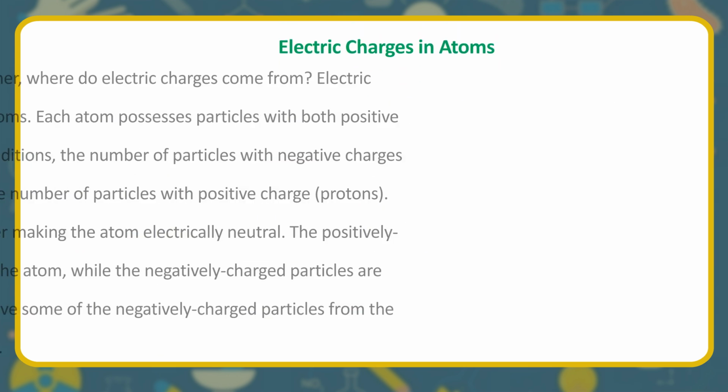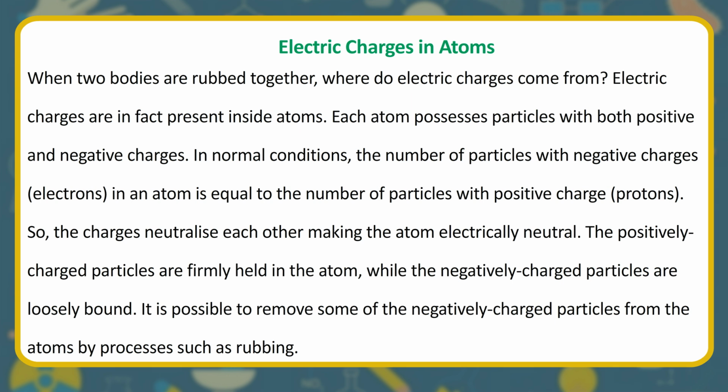Electric charges in atoms. When two bodies are rubbed together, where do electric charges come from? Electric charges are in fact present inside atoms. Each atom possesses particles with both positive and negative charges. In normal conditions, the number of particles with negative charges, electrons, in an atom is equal to the number of particles with positive charge, protons.